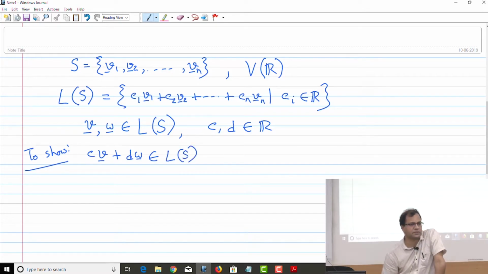Right? That should be sufficient. So you have to take this v and w into this form and show that their addition will again be in this subspace. I think you can do it yourself.